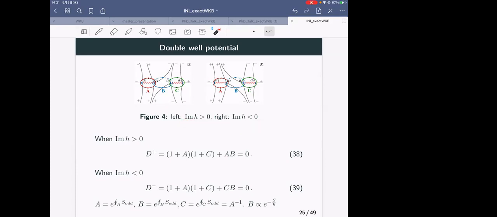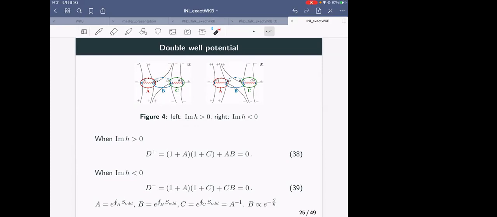When we set the imaginary part of h bar equal to 0, then these two Stokes curves connect to each other like this. And from this change of topology, the exact quantization condition also changes like this.